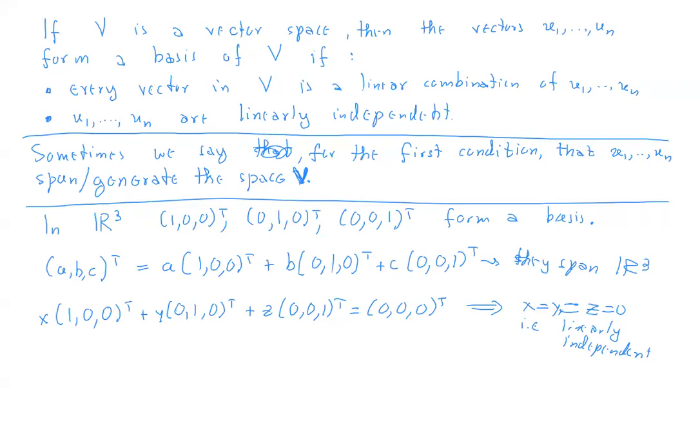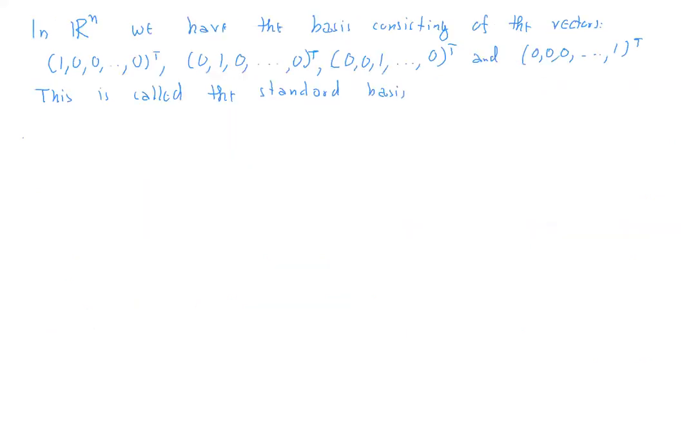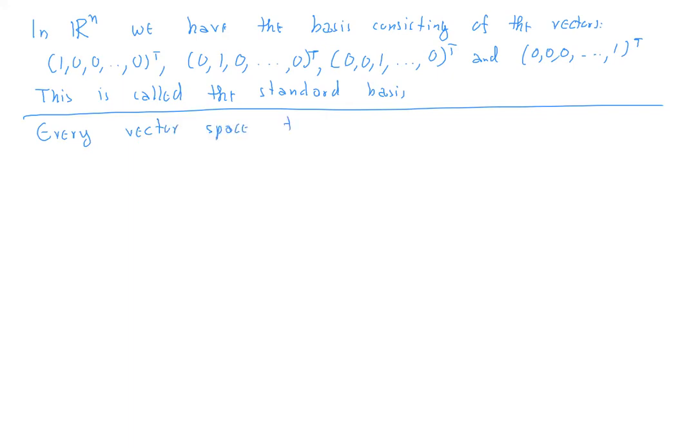Now, every vector space that has a basis consisting of finitely many vectors is called a finite dimensional space.